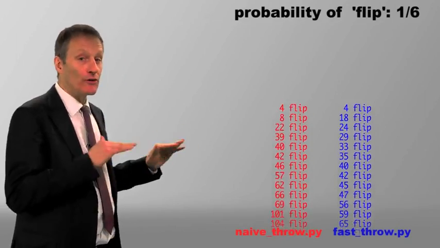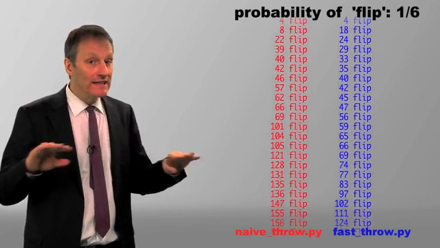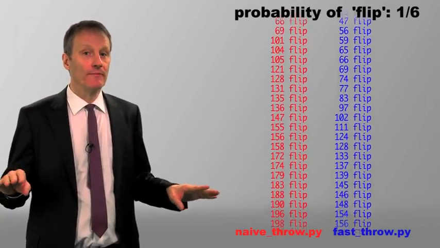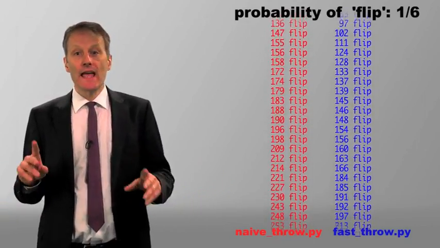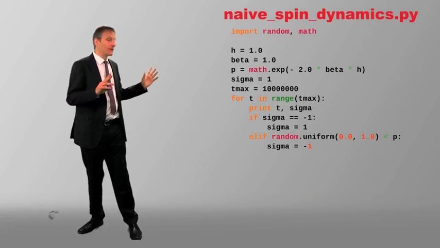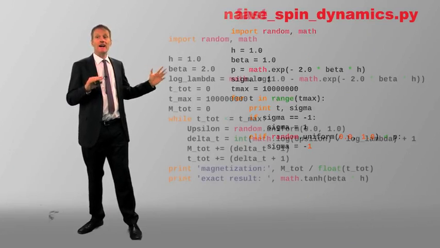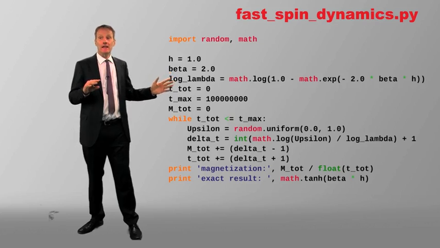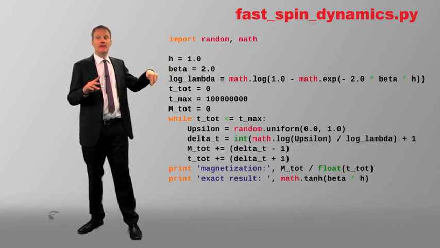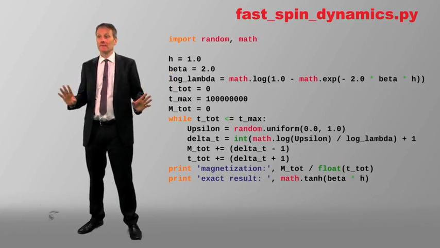The output of the two programs is completely indistinguishable. And then we had the related programs, naivespindynamics.py and fastspindynamics.py, that implemented the dynamics of a single spin in the magnetic field.